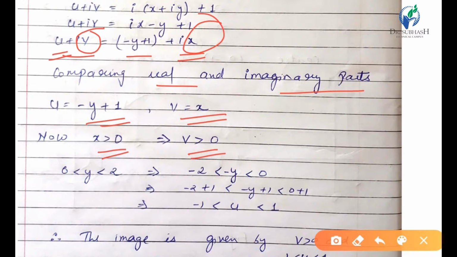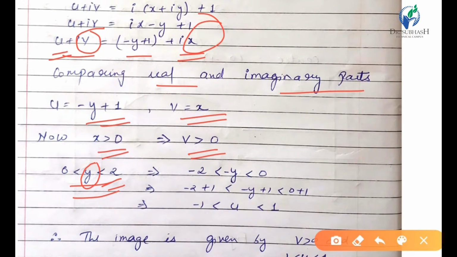Now we will take the second part. Second part is 0 less than y less than 2. Here the relation between y and u is u equal to minus y plus 1. So to obtain this in the form of u, first we have to convert this y into minus y plus 1. So we will multiply by minus 1.